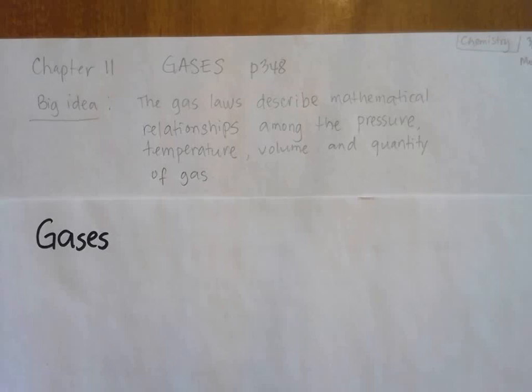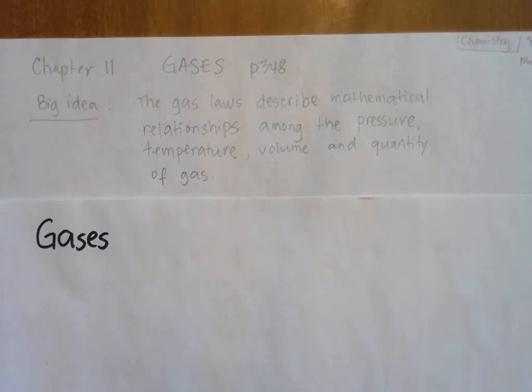Now, we've already learned temperature from chapter 2 in our textbook, and as we know, temperature can be expressed in three different units of measurement, namely degrees Celsius, degrees Fahrenheit, and Kelvin.